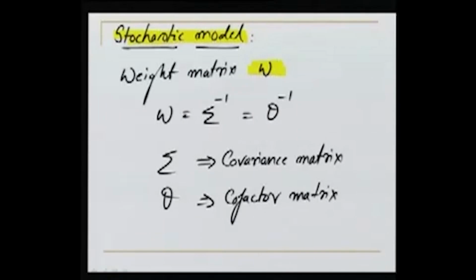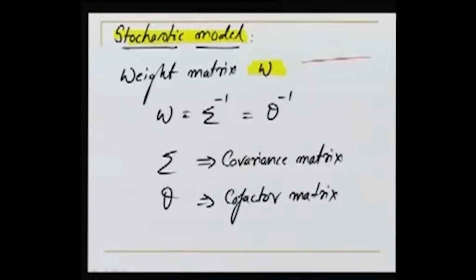Now over here, how do we decide the weight? There are various criteria. One of them is that the weight is inversely proportional to the variance. In any observation we are taking, for example, let's say a length is being observed, and it has been observed, let's say, n number of times.